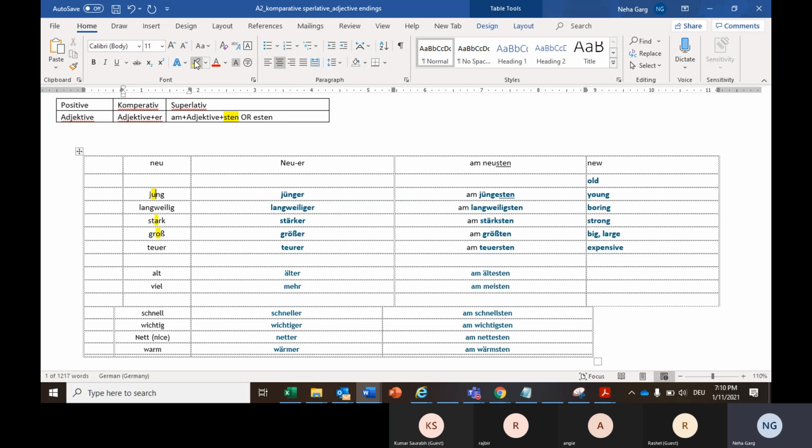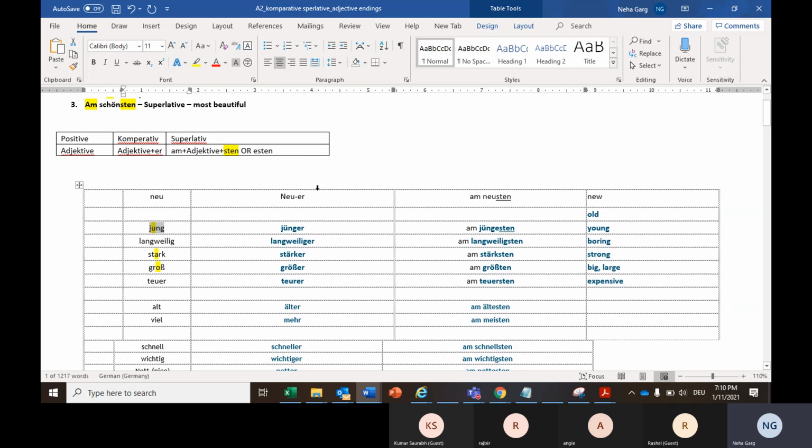This happens in most of the cases, not in all, where we have a, o, or u. In the comparative or superlative form, they get an extra umlaut. But this is not happening in the Langweilig case. Now, there is no specific rule to identify which word will have an umlaut in the comparative or superlative form. You'll get to know along with your practice, but in most of the cases it happens.